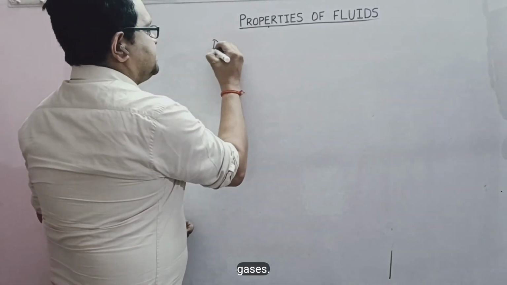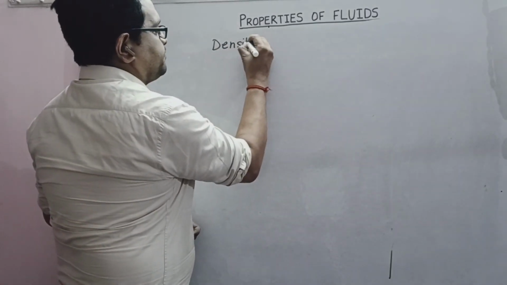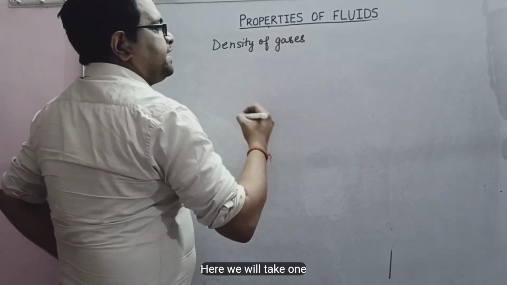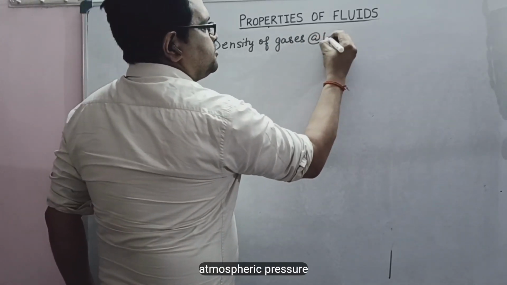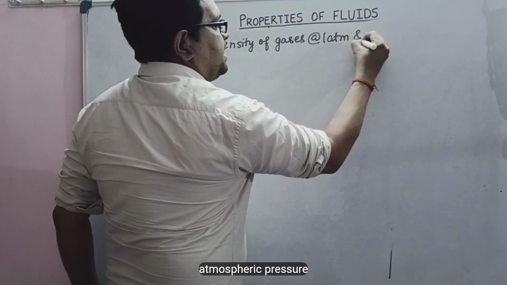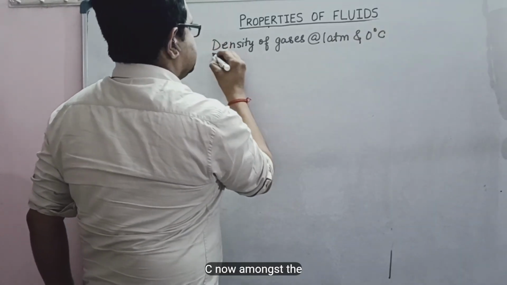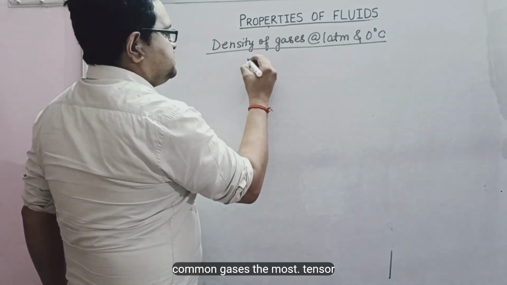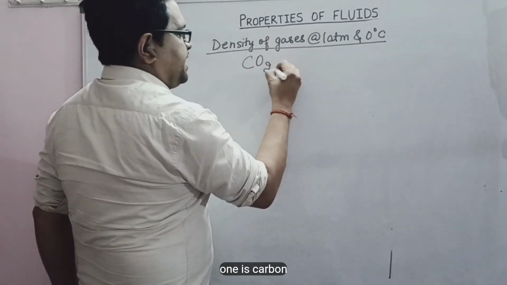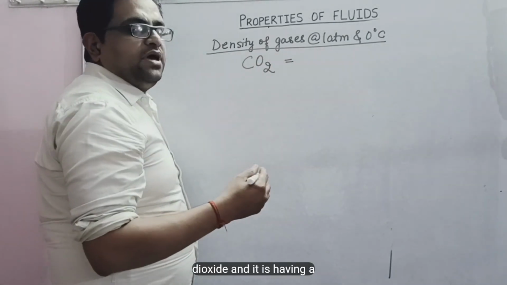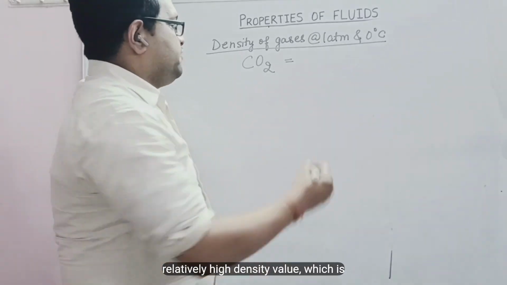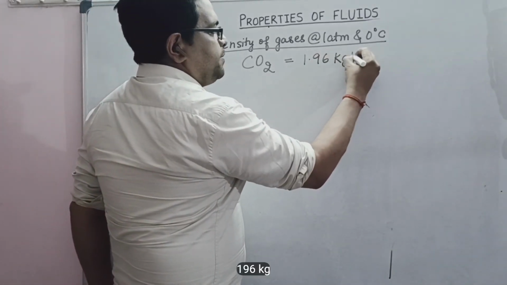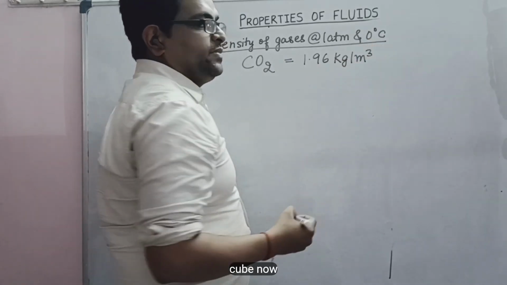For density of gases, here we will take 1 atmospheric pressure and 0 degrees Celsius. Now, amongst the common gases, the densest one is carbon dioxide, and it has a relatively high density value, equal to 1.96 kg per meter cube.